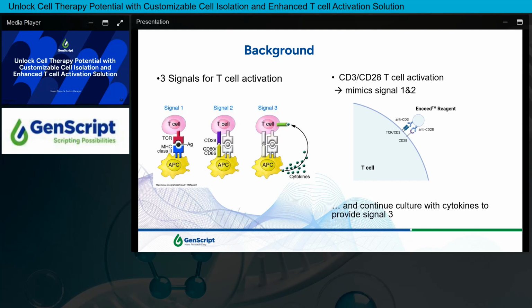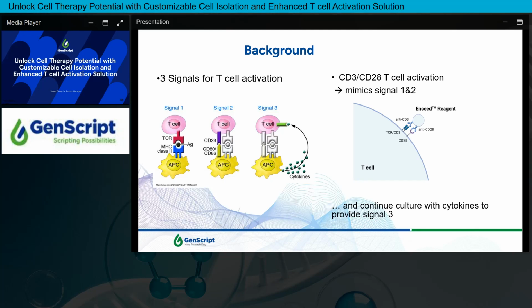The first one is the engagement of the TCR, the T-cell receptor on the surface of T cells, with the MHC class II molecule on the APC, the antigen presenting cell, when an antigen is recognized and presented by the MHC class II molecule. After that, the second signal requires the engagement of the CD28 molecule on the T cell with the CD80, CD86 complex on the APC.